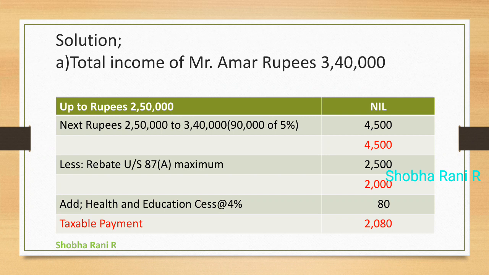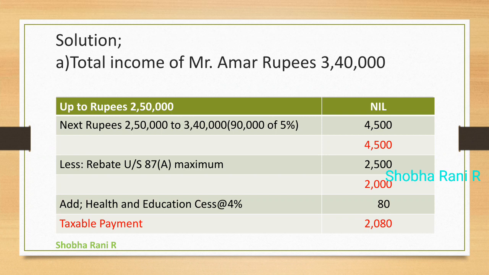From this, we have to deduct a rebate under section 87A. A resident individual whose net income does not exceed rupees 3,50,000 can avail rebate under section 87A. It is deductible from income tax before calculating education cess. The amount of rebate is 100% of income tax or rupees 2,500, whichever is less.